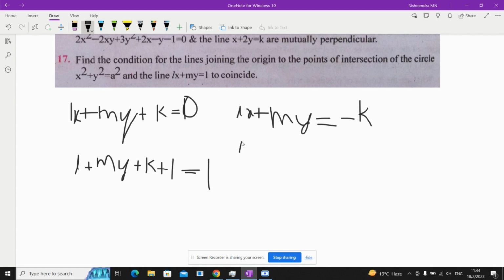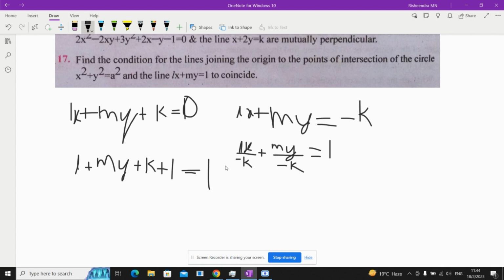We will get lx by minus k plus my over minus k equals 1.